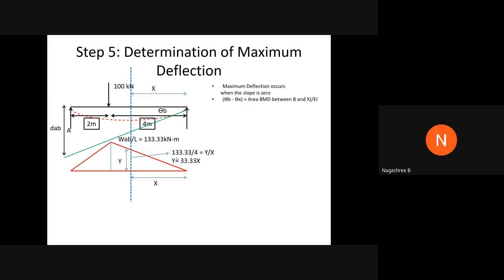Here it is the triangle between B and X. Therefore, theta B minus theta X is equal to the area of the bending moment diagram between B and X divided by EI.